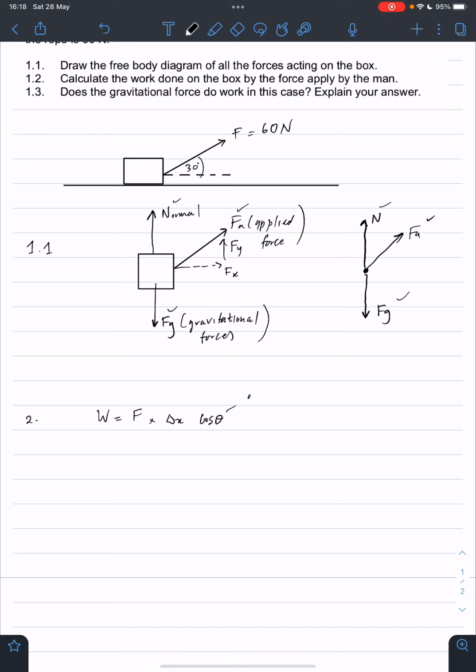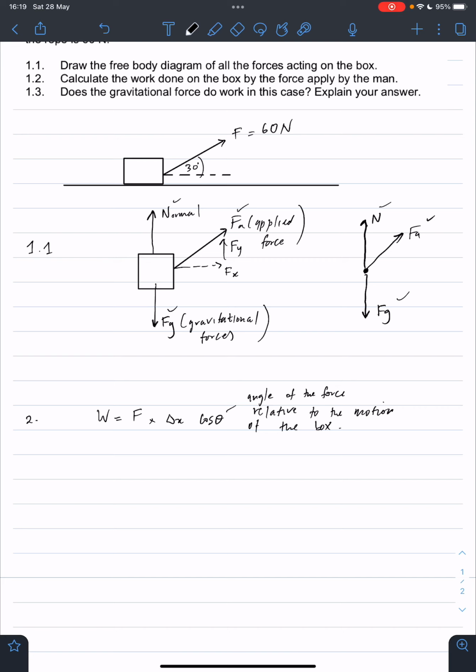This theta is the angle of the force relative to the motion of the box, which is basically the angle between the applied force and the displacement.